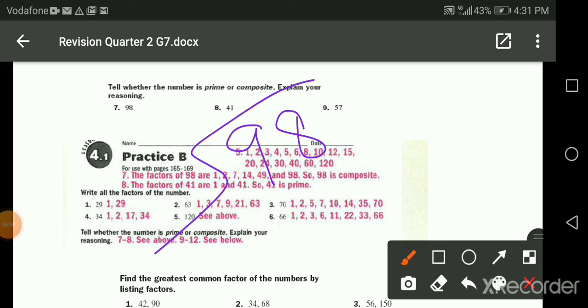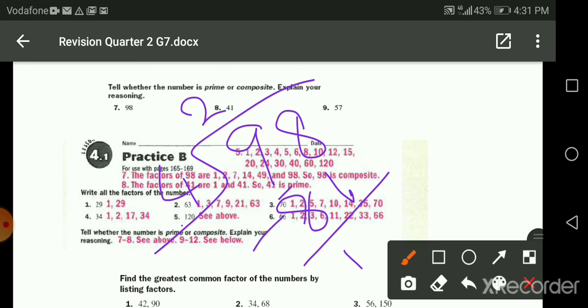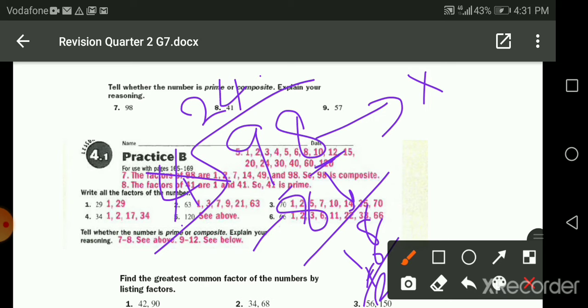It's very easy. 9 divided by 4, the nearest is 2. 2 times 4 is 8, so we've got 1, then 18. 18 divided by 4, the nearest is 4. 4 times 4 is 16, so we have remainder. So this is not divisible by 4. What about 5? No, it's not divisible by 5 because the ones digit is not 0 or 5.